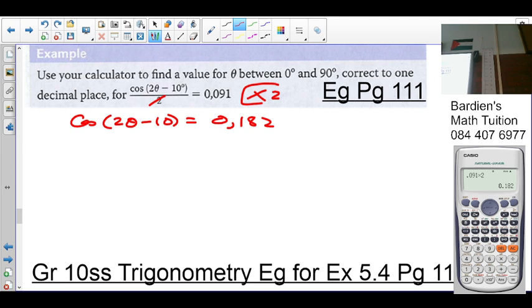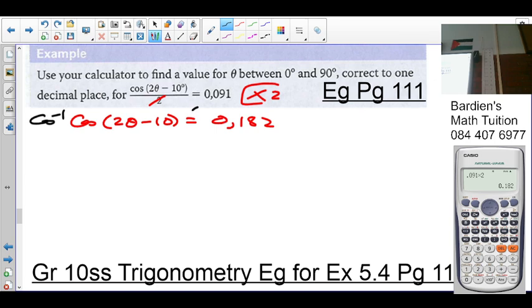Now can I take arc cos on both sides? So take arc cos quickly. So what do we say is arc cos?